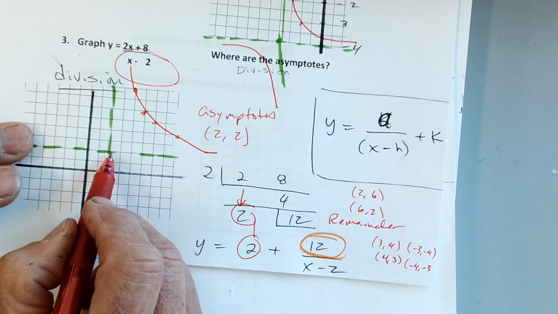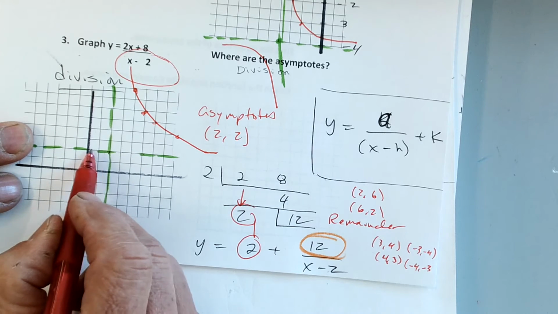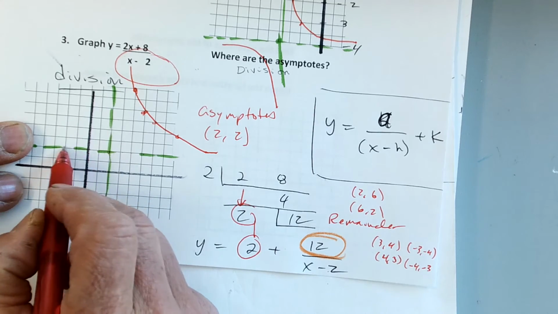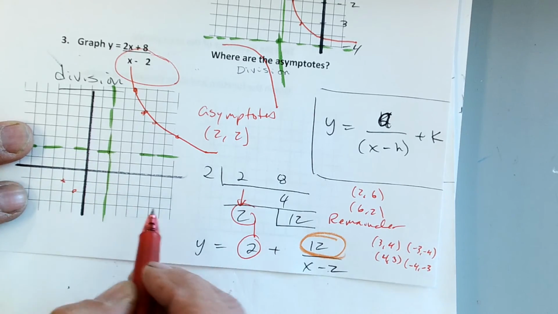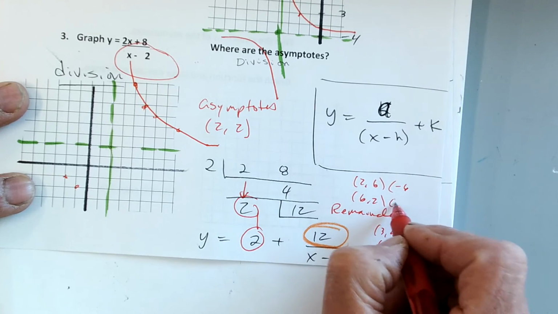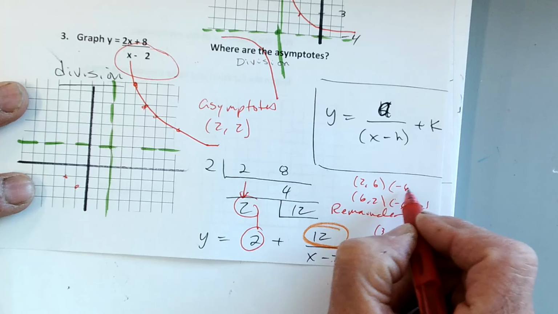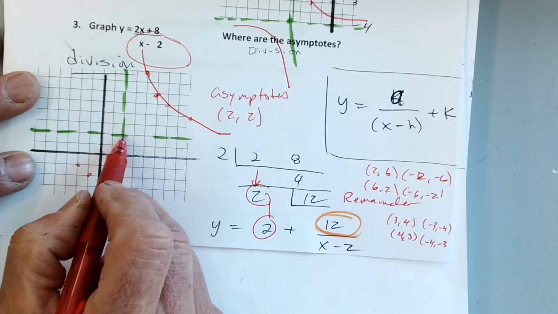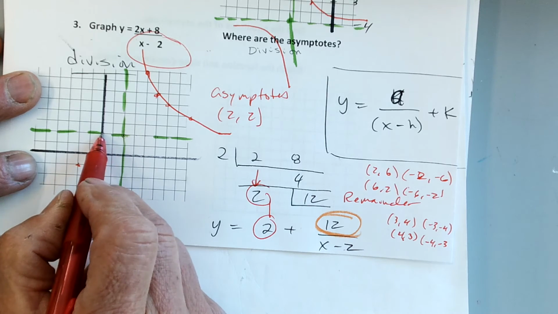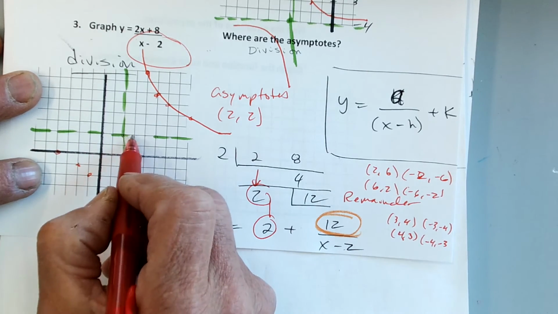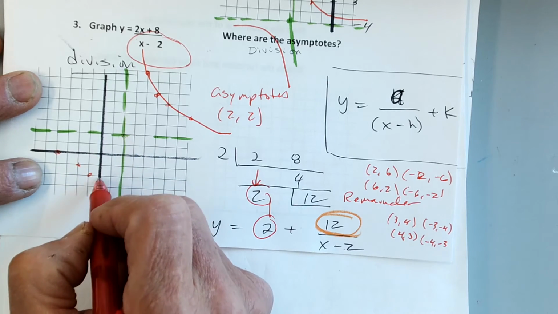From the center of the asymptote, right? So we go 1, 2, 3, 1, 2, 3, 4, 1, 2, 3, 4, 1, 2, 3. And I should also have a -6 and a -2, and a -2 and a -6. So from the center of the asymptote, 1, 2, 3, 4, 5, 6, 1, 2, and 1, 2, 1, 2, 3, 4, 5, 6.